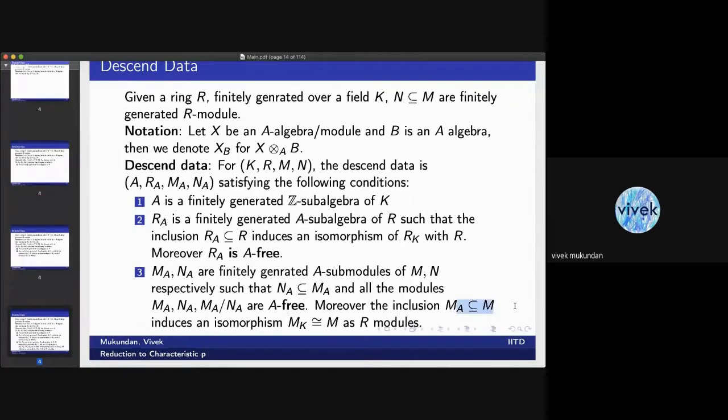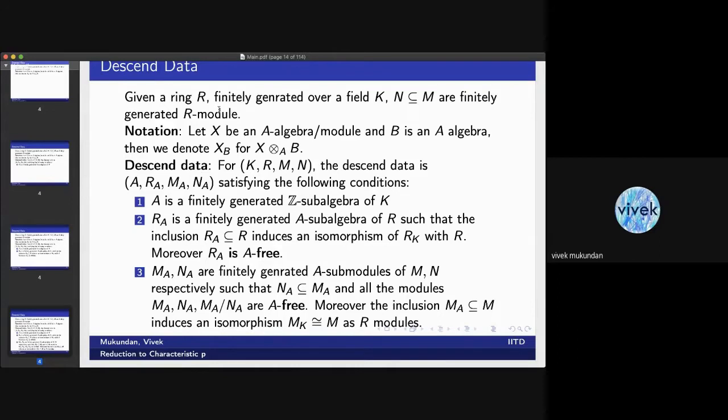Moreover, the inclusion M_A contained in M will induce an isomorphism of M_K with M. As I explained on Tuesday, the best way to get this A-subalgebra of K is to take a presentation of the ring R over K, the defining ideal of R over K, and collect all the K-coefficients appearing in the minimal generating set of the defining ideal of R, and attach them to A, and that forms your subalgebra.